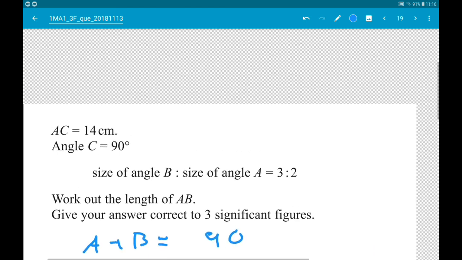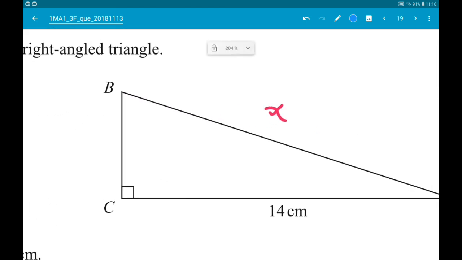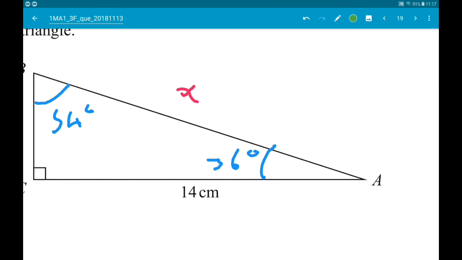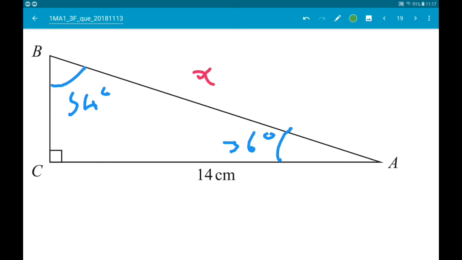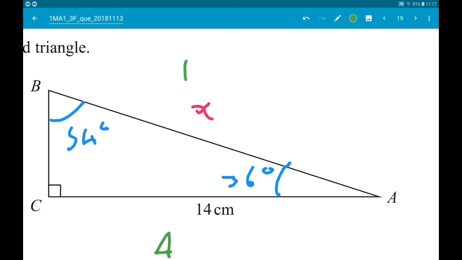So now that we know the angles, 54, 36, we can now use SOH CAH TOA to work out AB. So, doesn't matter which angle we use, I'm going to use angle A, why not? So, with respect to angle A, 14 length is the adjacent, and what we're looking for is the hypotenuse.